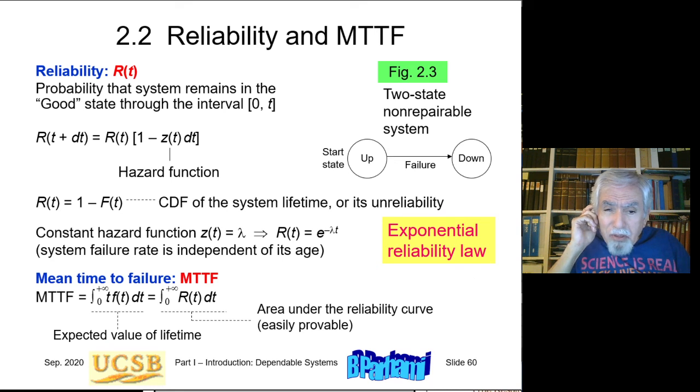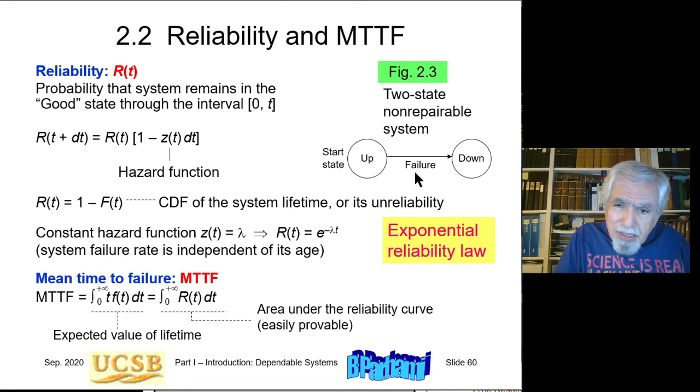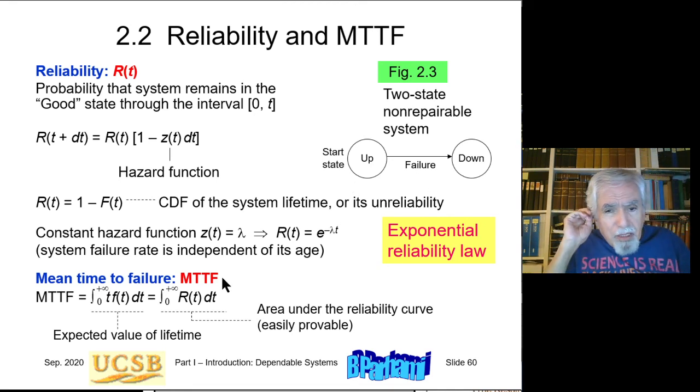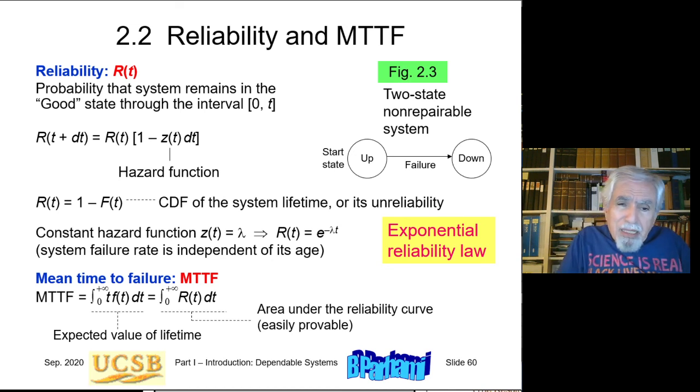And we have something called mean time to failure. Because failure occurs at random, we may be interested to see on average how long it takes the system to fail. That's measured by this numerical metric, mean time to failure. And that's defined as the integral from time 0 to infinity of t times f of t dt.